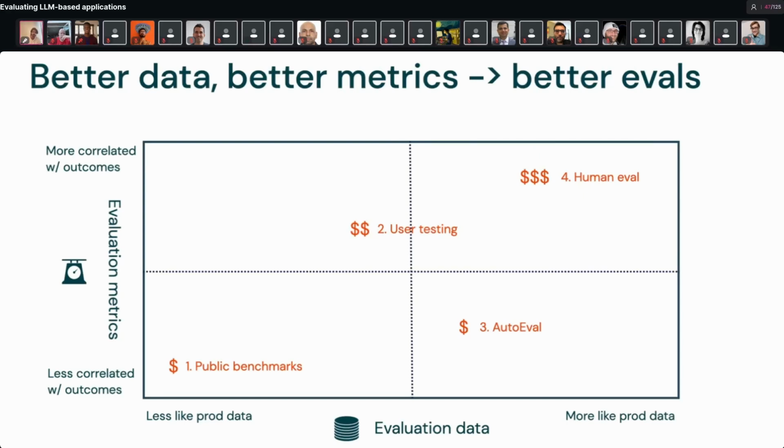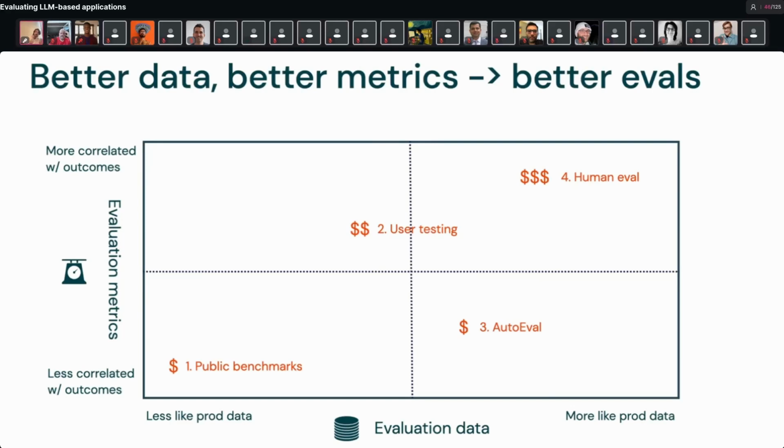Data is better if it is more representative of the data you're actually going to feed the model in the real world for the task that you're trying to solve. So if your data is more like your production data, that's a better evaluation data set. If it has nothing to do with your production data, then it's not that the metrics that you compute on that are useless, but they're much less relevant to the problem that you're trying to solve.